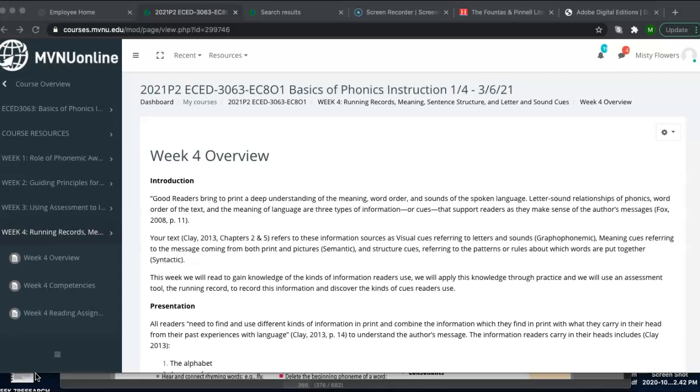Now, on to week 4, which this week we're talking about running records, and we're also going to talk about meaning, sentence structure, letter and sound cues. Clay calls those MSV, meaning, structure, and visual cues.